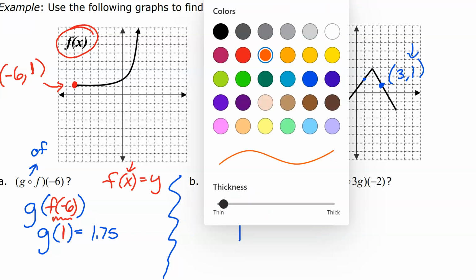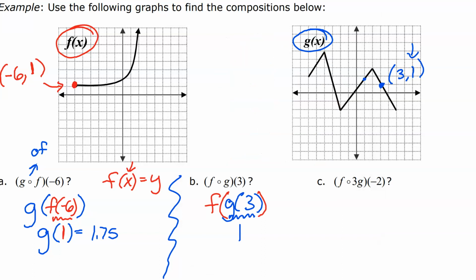And I can rewrite that as f of 1. So now I'm going to find on my f of x function where x is 1 and find where the y value is, which happens to be 1, positive 3. So my end answer on this one is just going to be positive 3, and it's one solution.